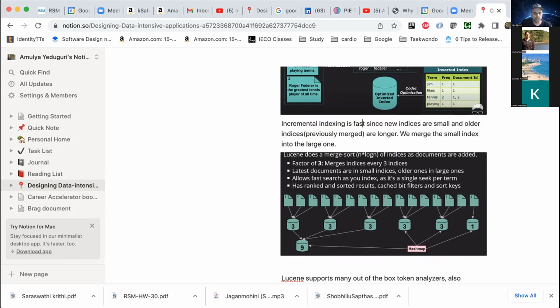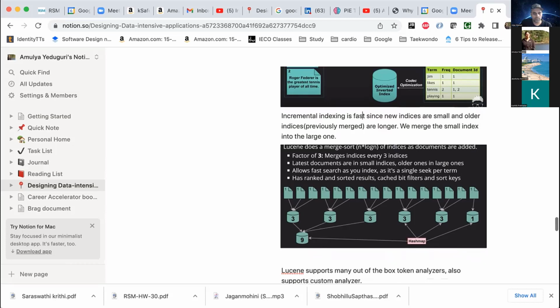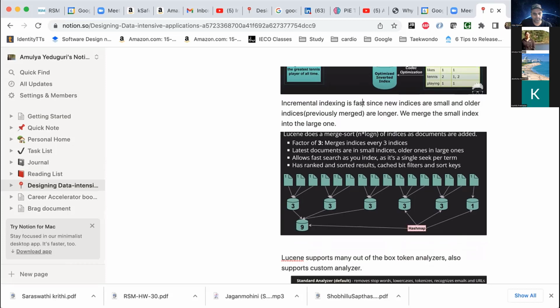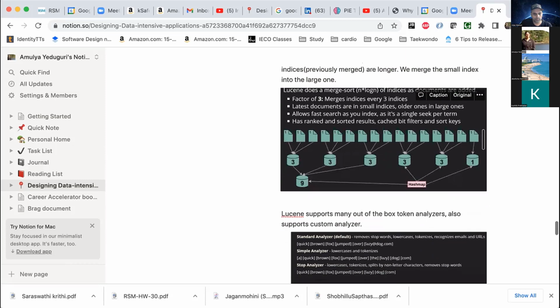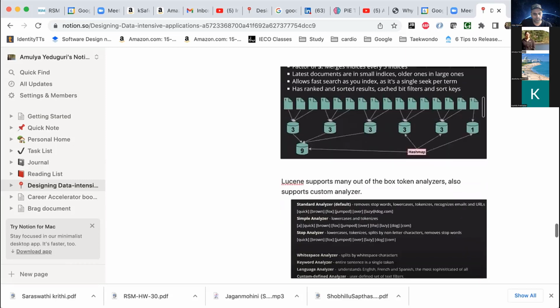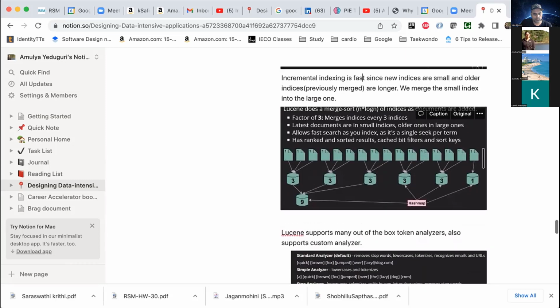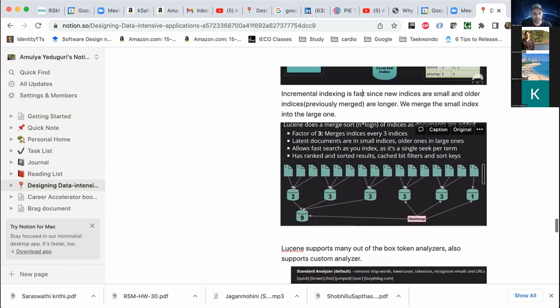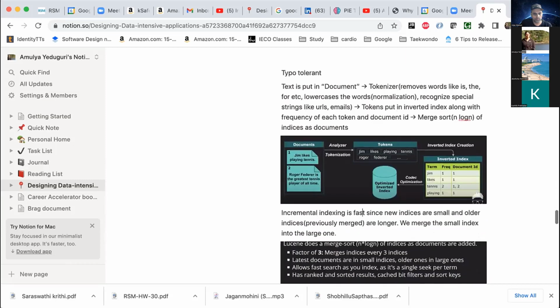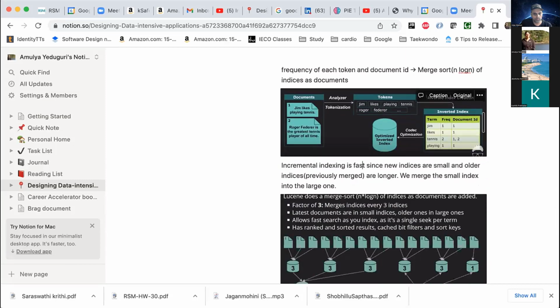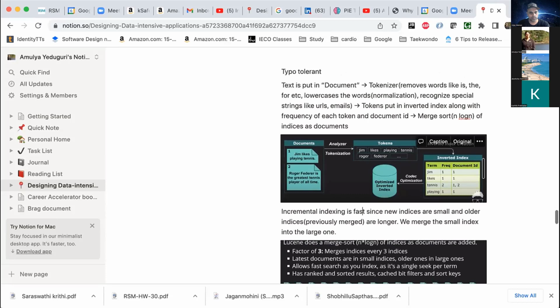Okay. Yeah, I think that's all orthogonal design aspects, right? So in this particular case, what they're saying is the index is written to... how are these indices made in the first place?